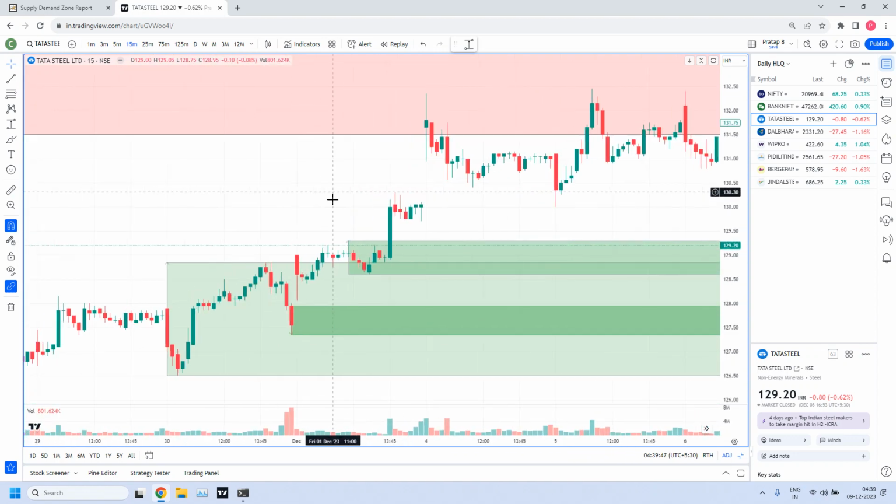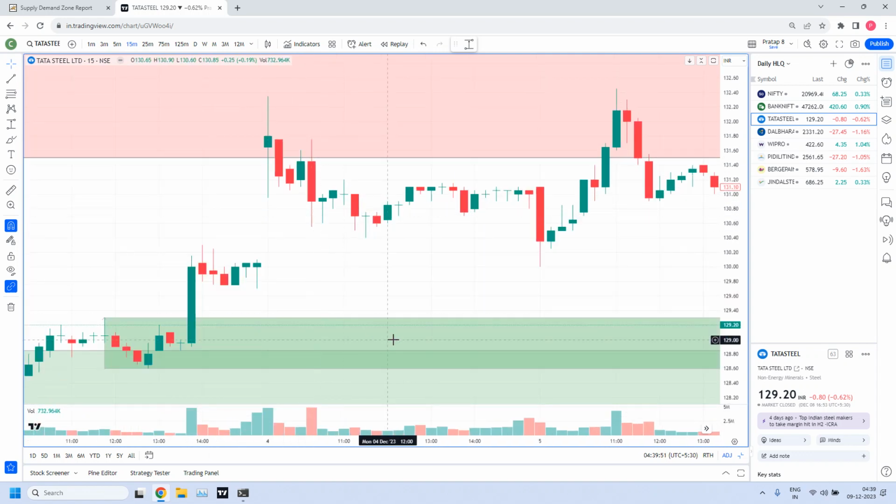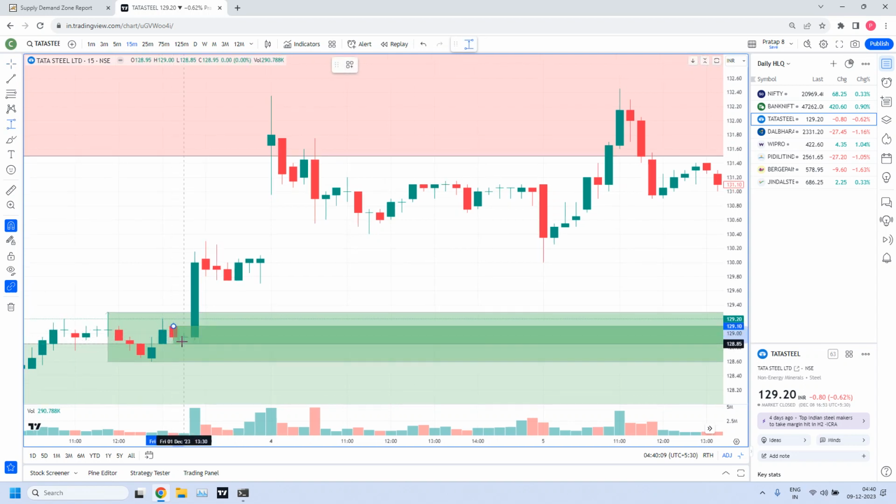So inside the 75 minutes, do we have a 15-minute zone? Yes, we have a leg-in candle. We have two base candles, short candles, and then we have a rally candle. That way we can draw a zone like this.